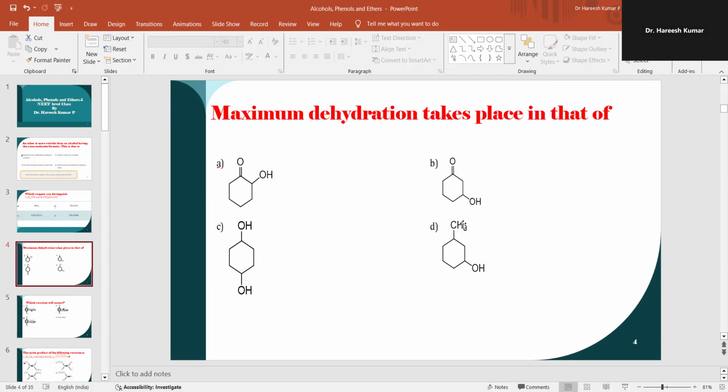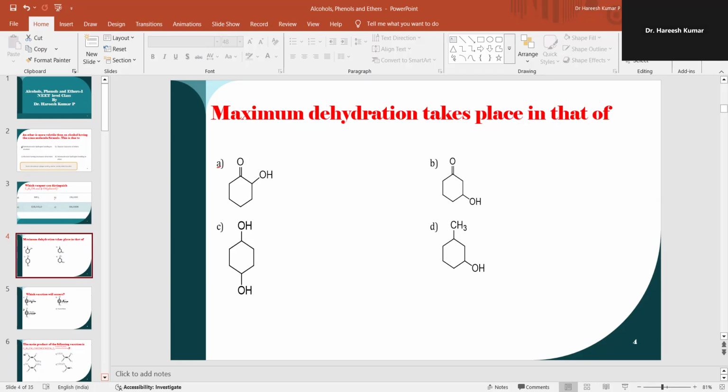Similarly, this is an electron releasing group, so electron density increases on this, so here there is less possibility. In option C and option D, enolization is less possible. Here enolization is more possible. So enolization makes 2-hydroxycyclohexanone the maximum dehydration, meaning it is more feasible for dehydration compared to all other options.